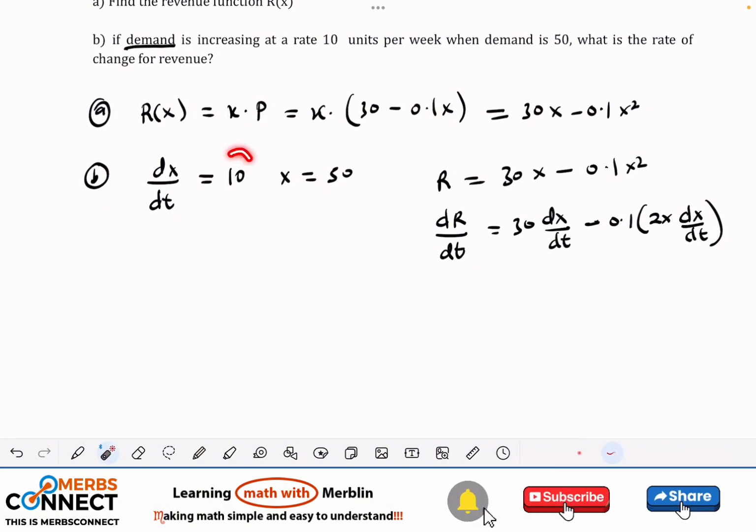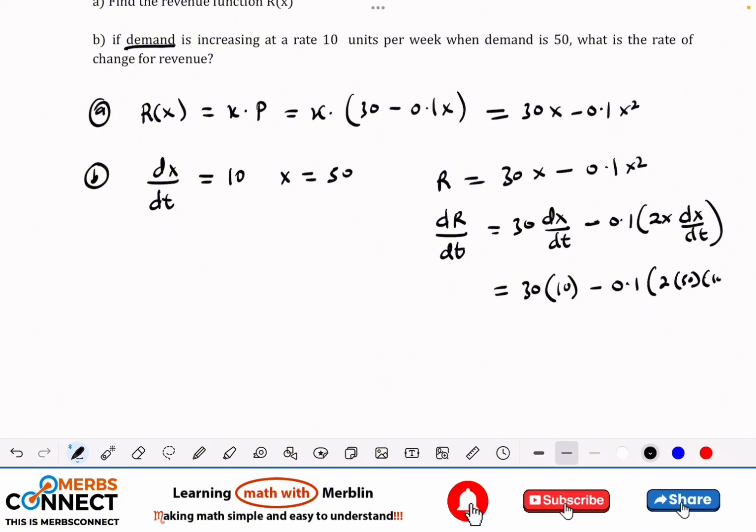Now dx over dt is given, that is the rate of change, and then x is also given, so we don't need to do any hard work, we just do substitution. So 30 times dx over dt, which is 10, minus 0.1 times 2 times x, which is 50, then times dx over dt, which is also 10.